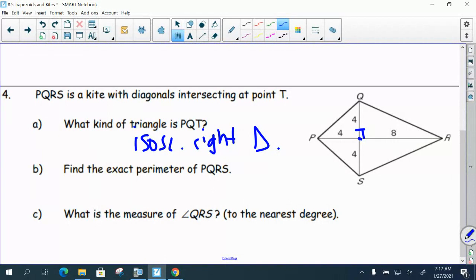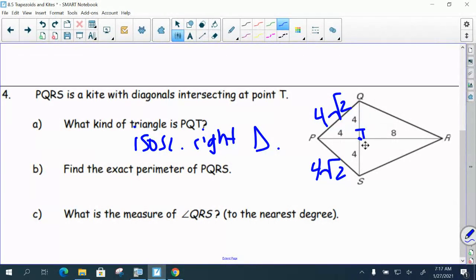So if you wanted to find the perimeter, you would need to use the Pythagorean theorem, or you could use special right triangles to find these. So PQ would be 4 square root 2, and then 4 square root 2, because if this is 4, then you've got a 45, 45, 90 triangle.